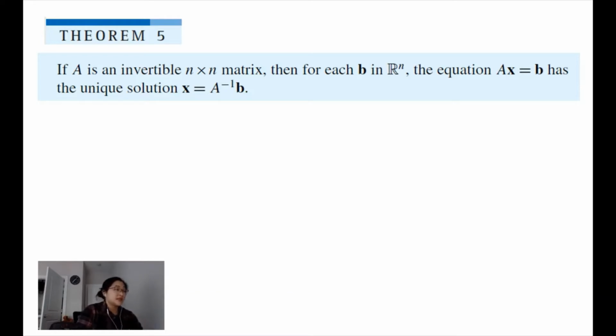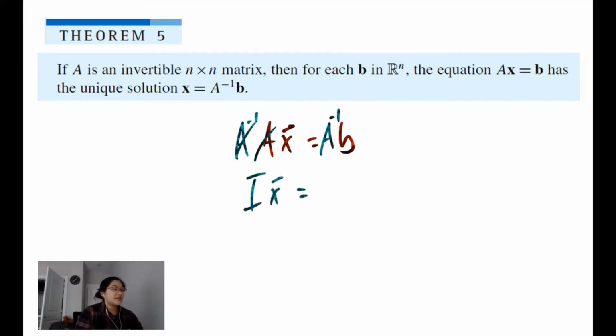If you have Ax equals b and multiply by A inverse, then A inverse times A gives you the identity matrix times x, and that's A inverse b. So x is A inverse times b.